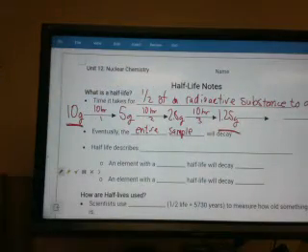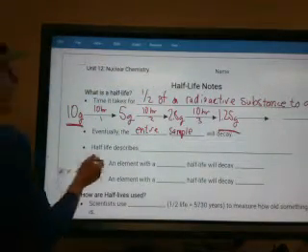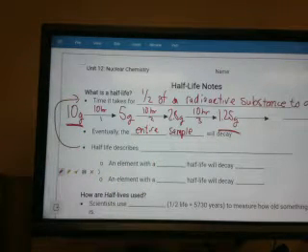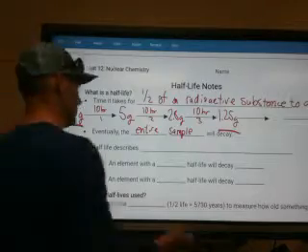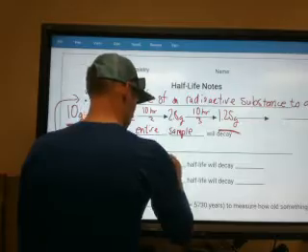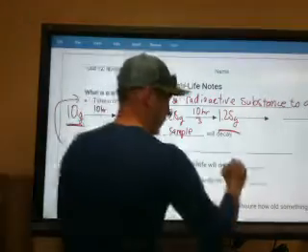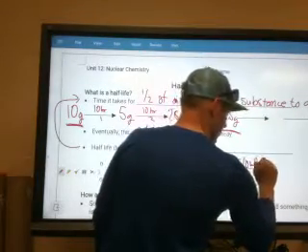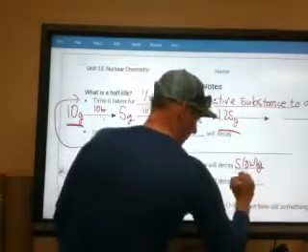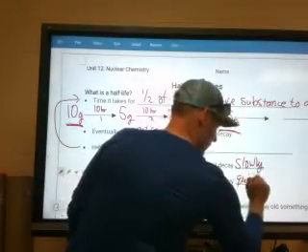So half-life describes the amount of time it would take for half of a radioactive substance to decay. An element with a long half-life will obviously decay very slowly, and an element with a short half-life will decay relatively quickly.